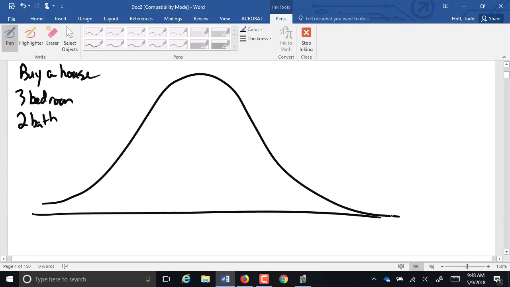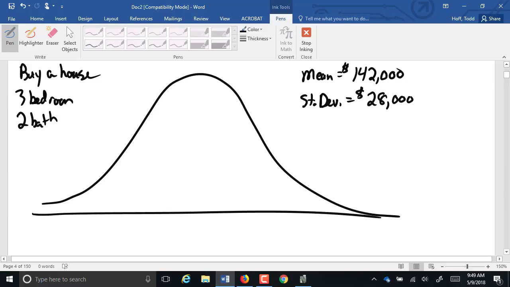And in the area that you're looking, you find that over the last several years, of all the 3-bedroom, 2-bathroom houses that have been sold, the mean selling price is $142,000 with a standard deviation of $28,000.